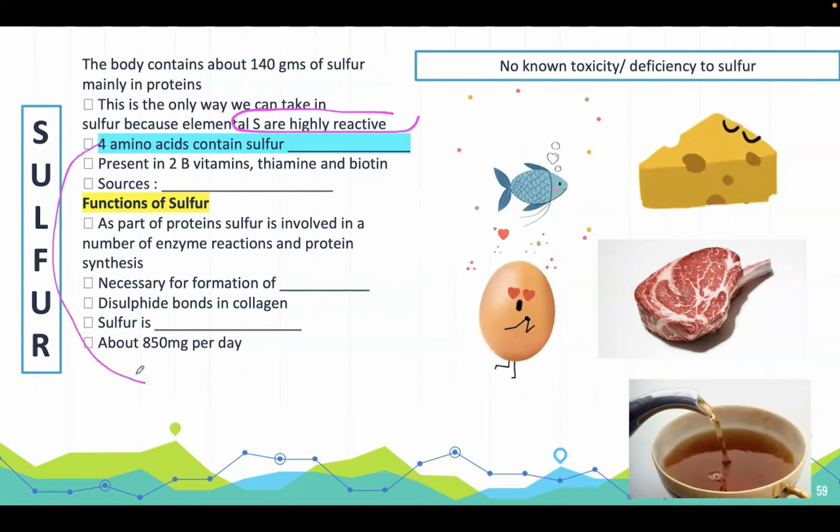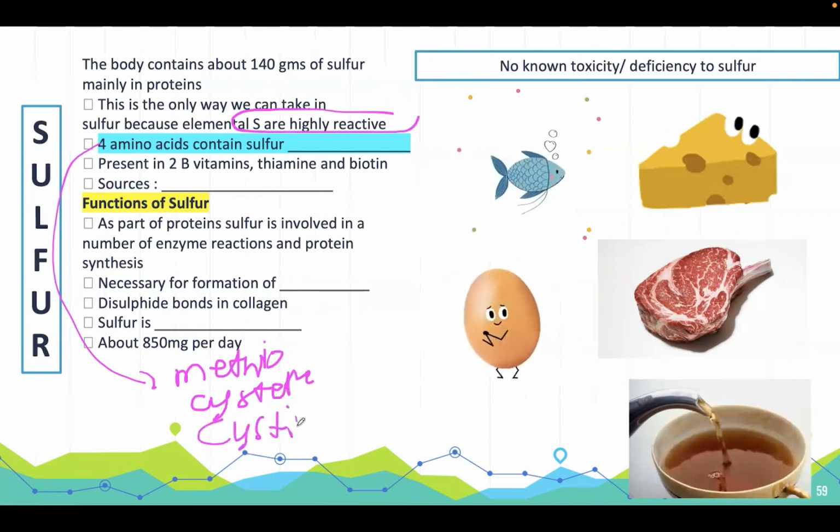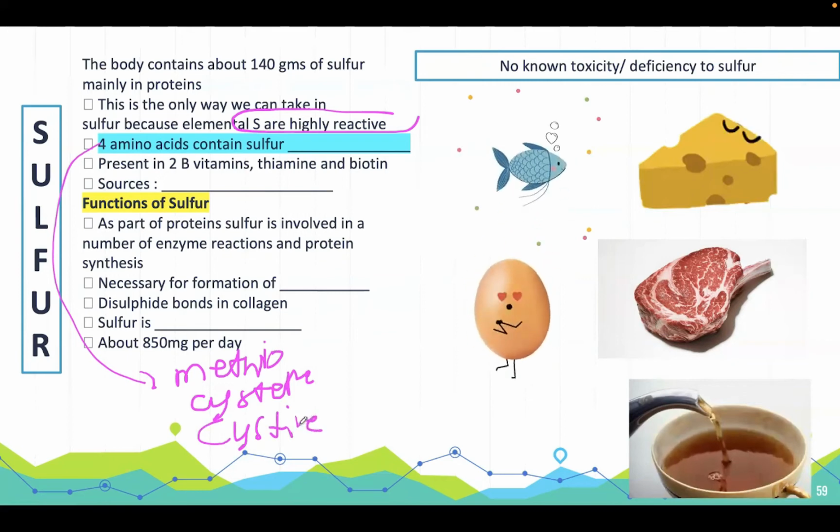Enumerate natin isa-isa. Number 1, si methionine. Number 2, cysteine. Ayan. Pag nagkaanak ka, pangalanan mo ng cysteine. Pangatlo, si cysteine. Maganda din to cysteine. Number 4 is yung taurine. T-A-U-R-I-N. So yan po yung mga amino acids natin that contain sulfur.